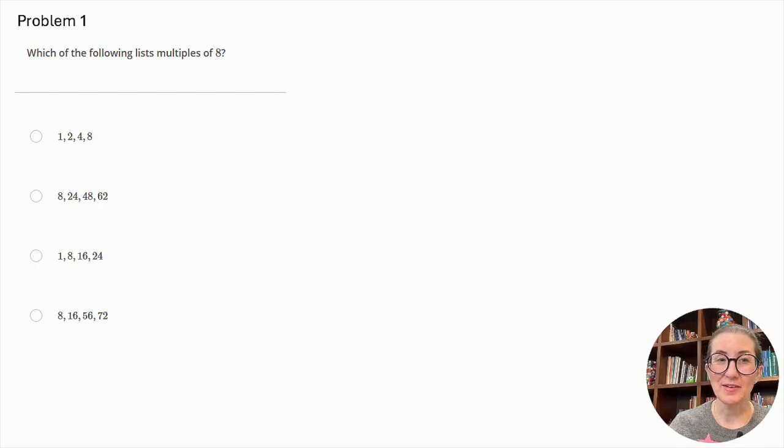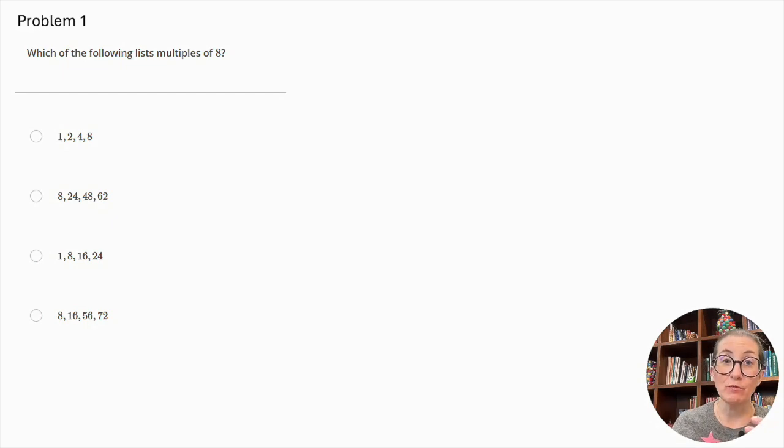Problem number 1. Which of the following lists multiples of 8? 1, 2, 4, 8; 8, 24, 48, 62; 1, 8, 16, 24; or 8, 16, 56, 72. Multiples of a number are the products of that number by an integer.